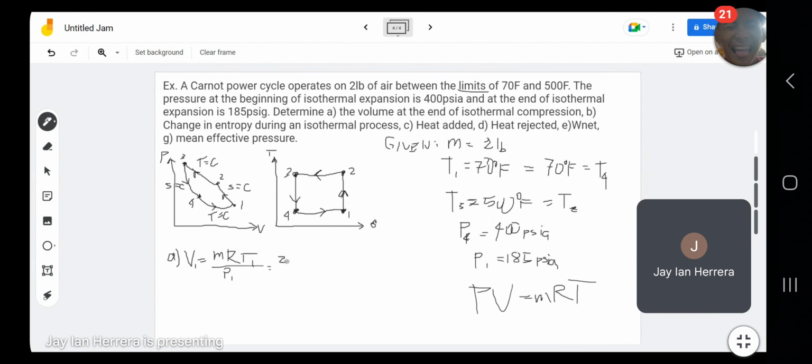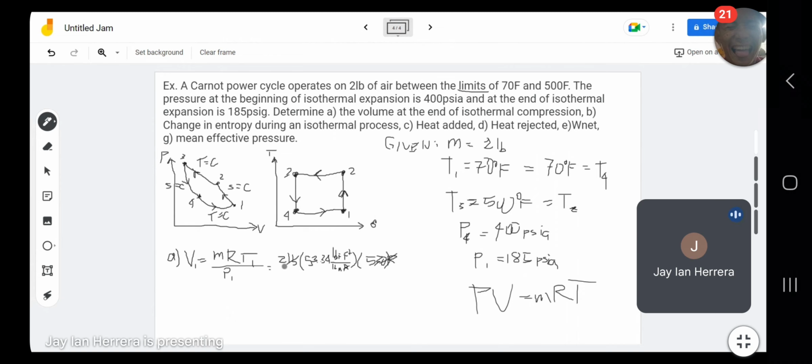Given tayo ng 2 pounds of mass ng air, multiplied by R. Gas constant natin for English is 53.34 for air, in foot-pound force per pound mass Rankine, multiplied by our temperature 1. At this point, it is the lower limit, so that's 70 plus 460. We will get 530 Rankine.